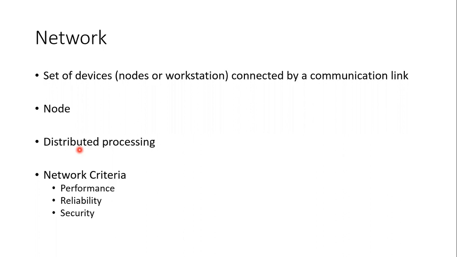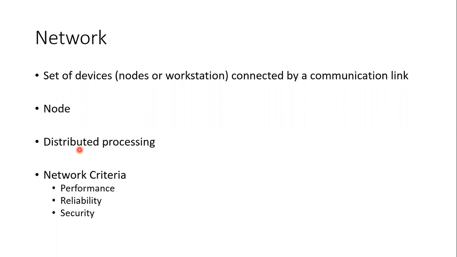That is, the work has been divided into various systems. For example, you take the client server system, which is a distributed processing system. Server is in one place, then various clients are connected with the server, and the clients can communicate with the server or other clients.